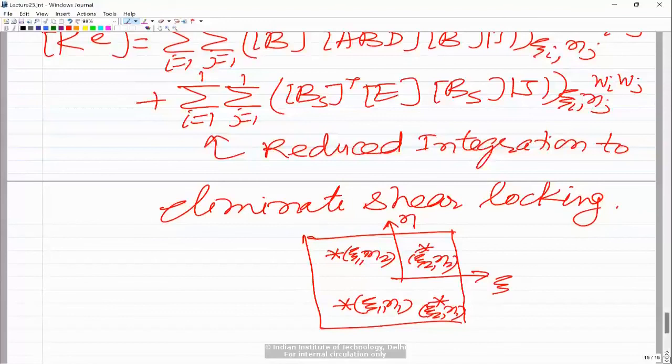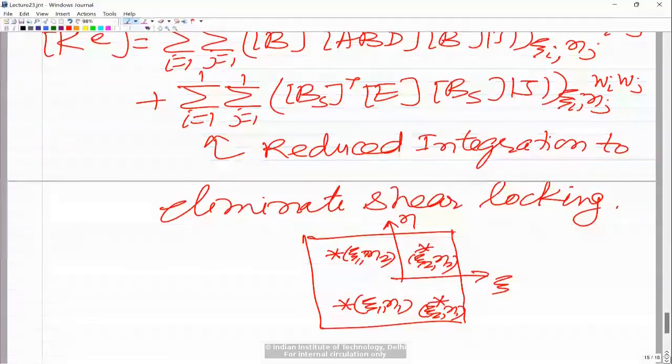So it is not 1 to 4, and it depends on the element. If you use an 8 noded isoparametric element, then the interpolations would be involving xi square and eta square. The highest power of xi and eta in the shape functions is 2, so when you do B transpose B you get xi power 4, so you will use 4 plus 1 by 2, approximated to the next integer.